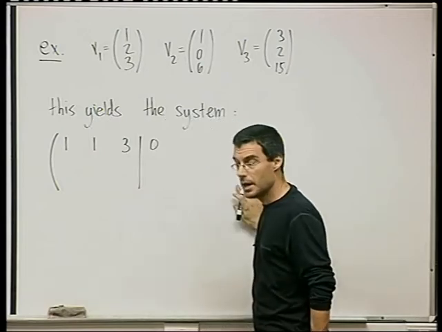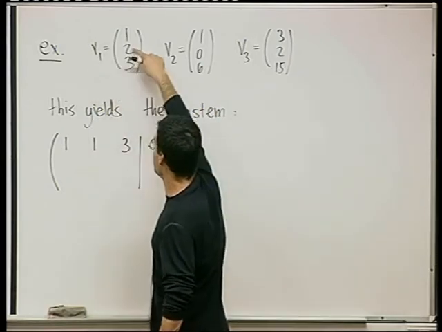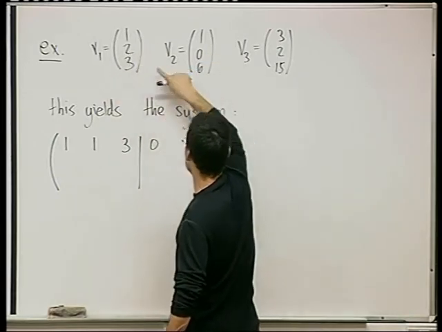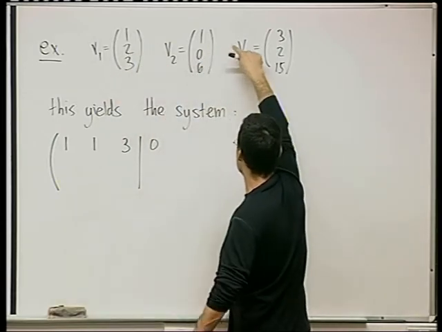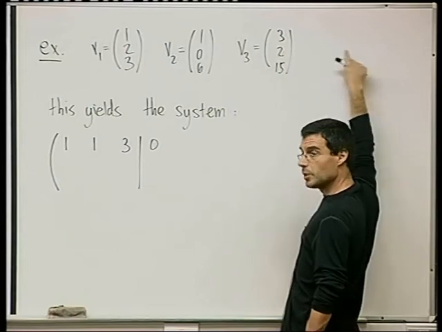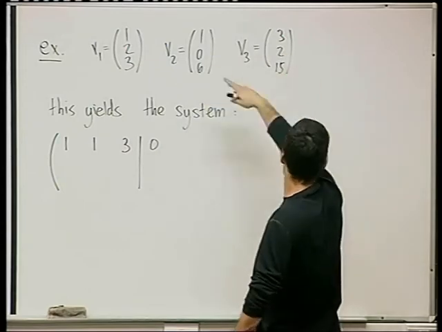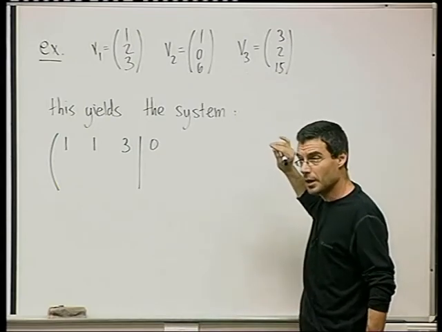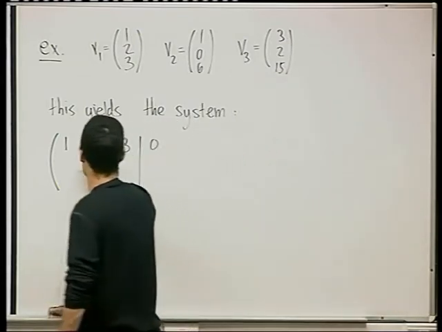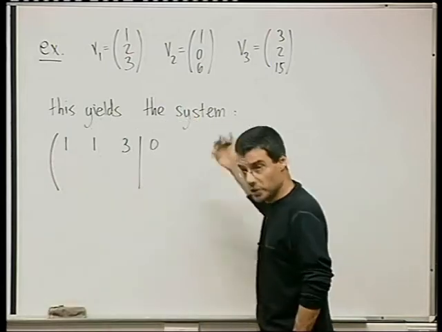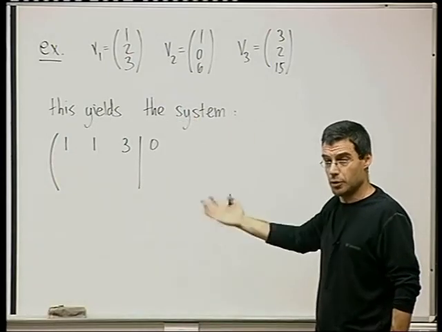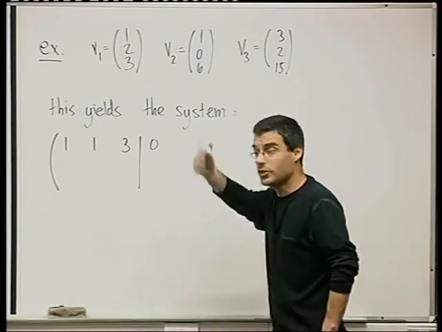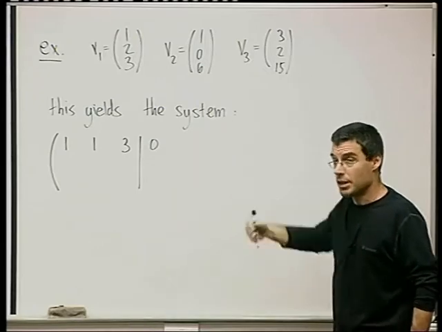Do you agree? The next row is going to be alpha 1 times 2 plus alpha 2 times 0 plus alpha 3 times 2 equals 0. Does everybody understand? I'm pointing at things that are not there. There are no alphas here. But is everybody following? Okay, good? And the reason I'm doing this, which is the only reason I'm doing another example, usually one example is enough and then you have to practice on your own, is to show you that we don't really need to go through writing everything 3 times.